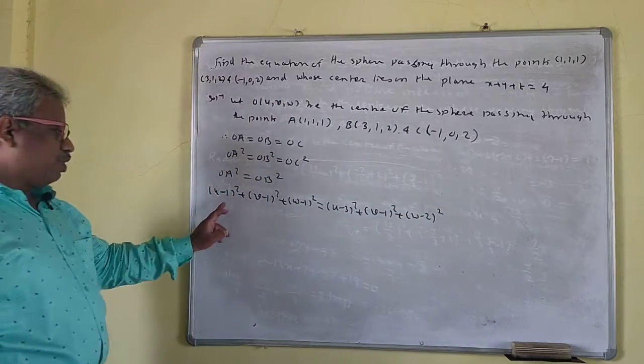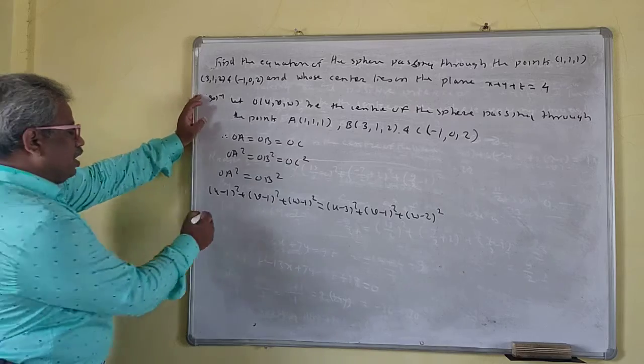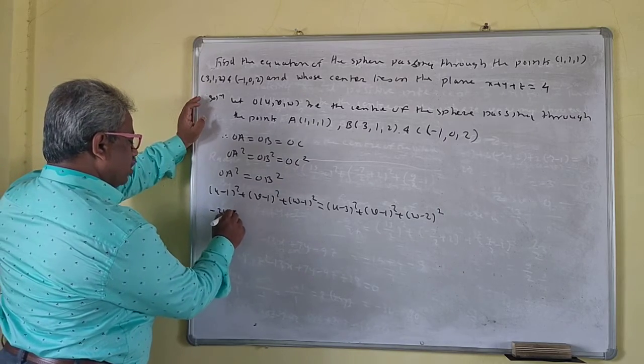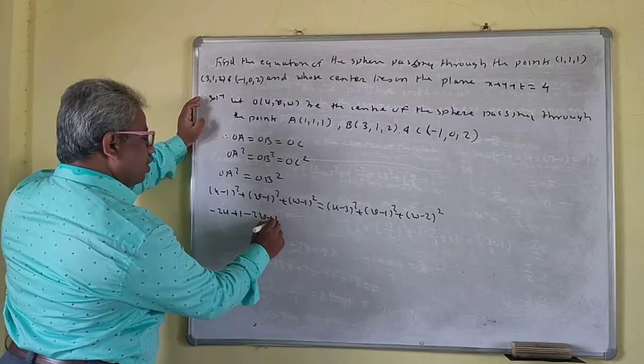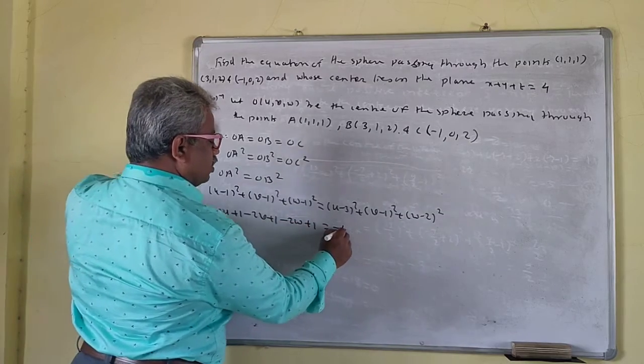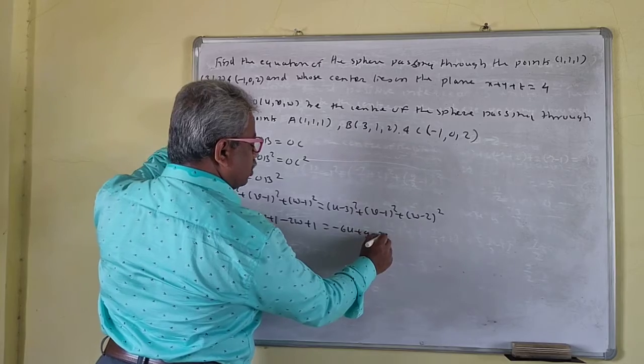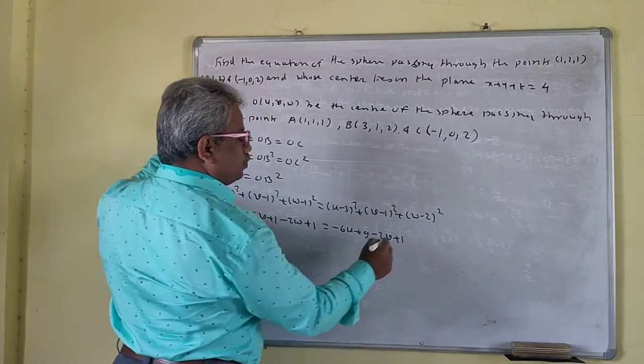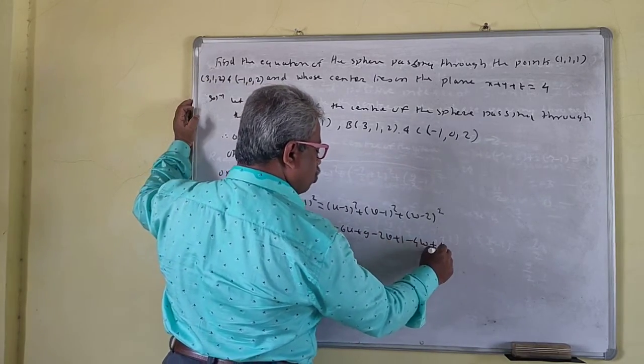Now U square, V square, W square get cancelled. So what we get then: minus twice U plus 1, minus twice V plus 1, minus twice W plus 1, equal to minus 6U plus 9, minus twice V plus 1, minus 4W plus 4.